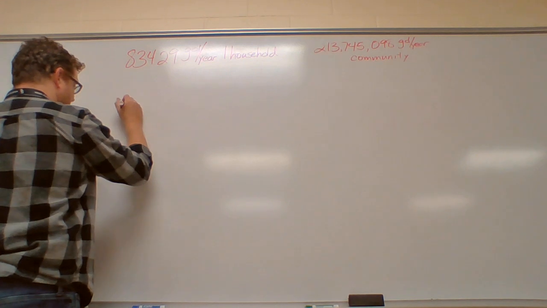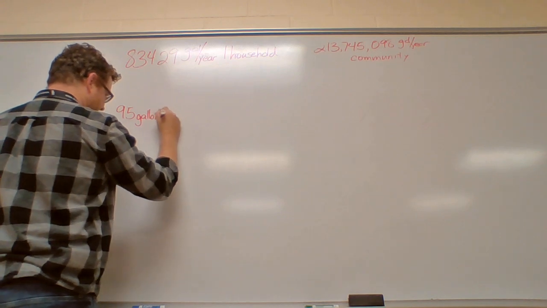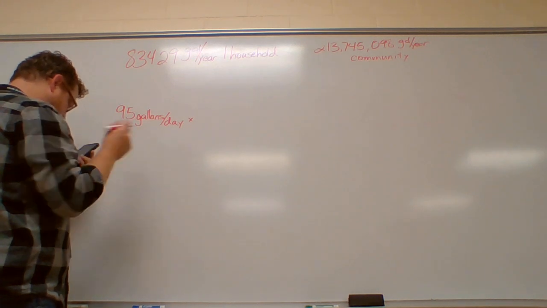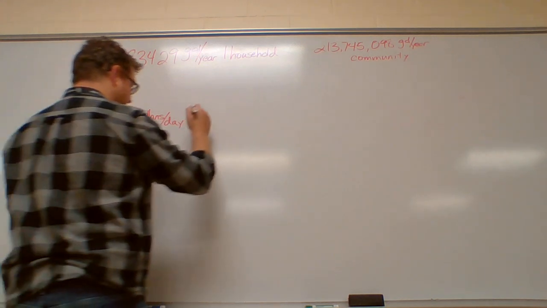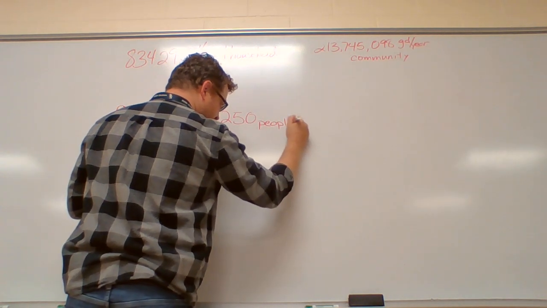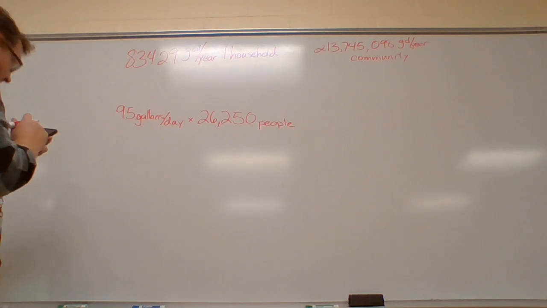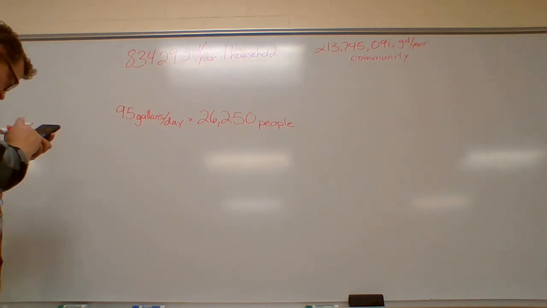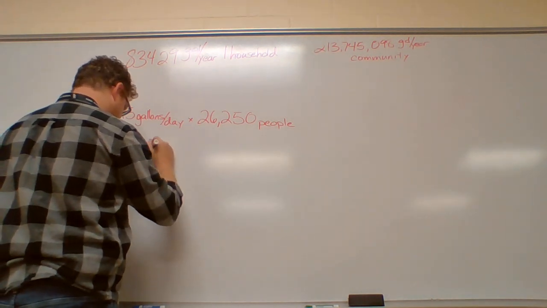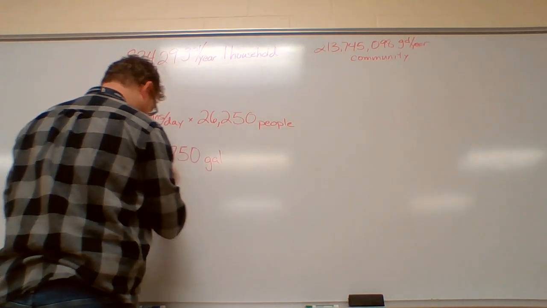So it's 95 gallons per day, that's per person, and then there's 26,250 people. So we just multiply those out. That becomes 95 times 26,250. So every day we're using 2,493,750 gallons per one day.